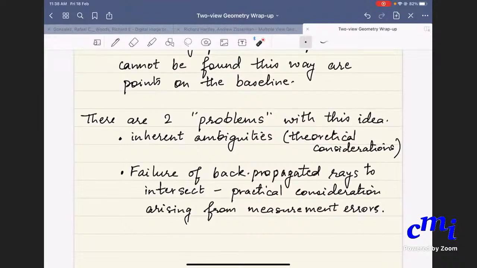Then the other thing to keep in mind is that you can also determine only up to a similarity transformation, which means you cannot tell from two views of an image what the scale of the image is. So you always have to use some kind of external information. For example, if you know it is the image of a room, then you have some pre-knowledge that usually, for a general room, the distance between the floor and the roof could be up to 3 meters or something like that.